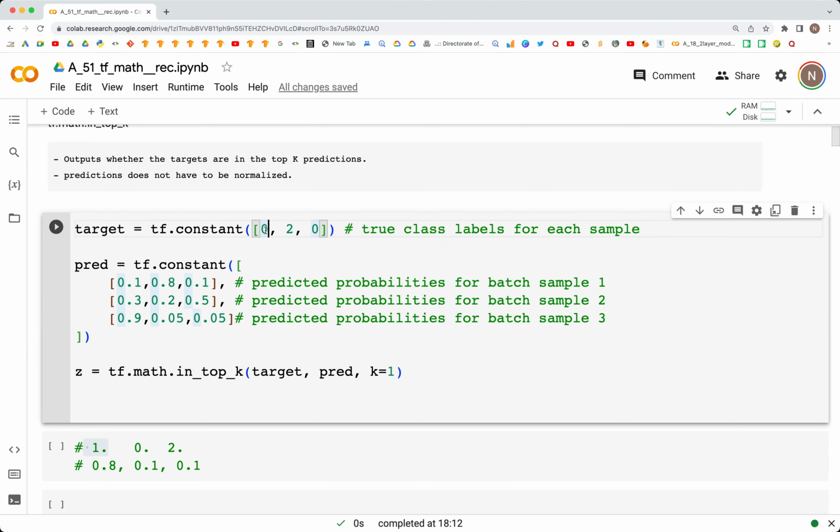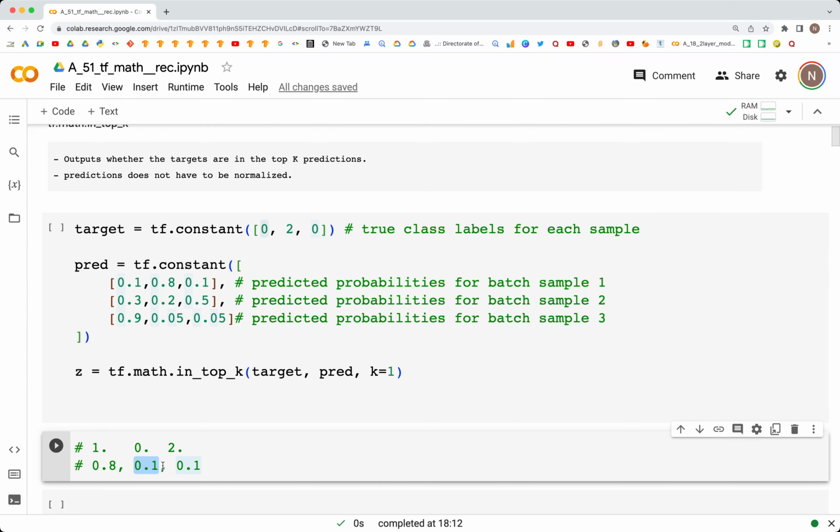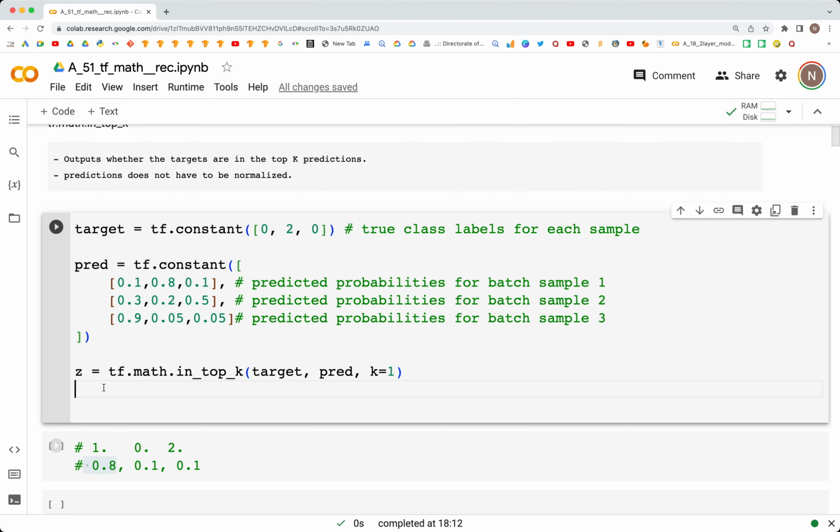However, the actual class label is 0, so that's not a match, and that's a false. If you look at it from the other perspective, the true label is 0, and the true label is not the top probability in that row, and therefore we would get a value that is false.